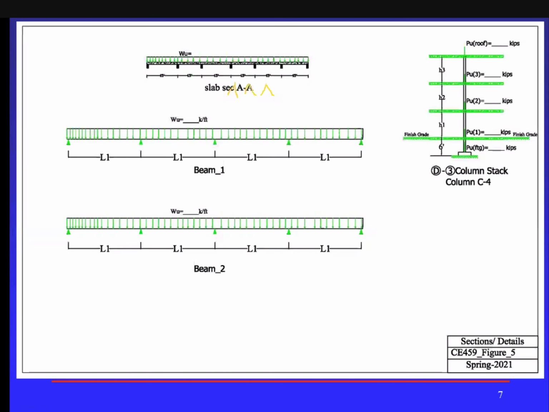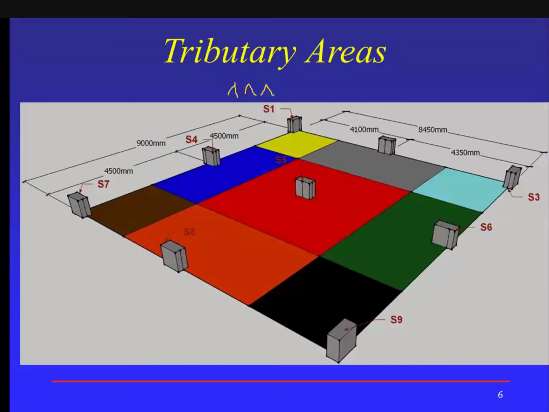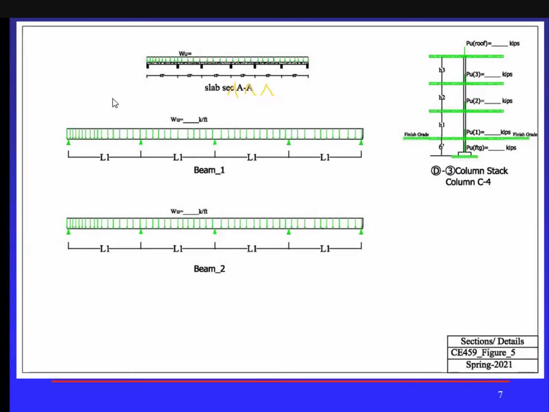Because remember, the columns, according to this, we only have 4 columns that we have to design, 4 stacks. So you can do them after next week. And remember, we said 4 stack of columns like that. So we will do that next week, and you can design those and put them aside. You're done with the columns.